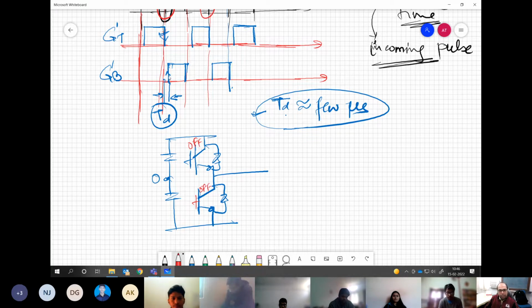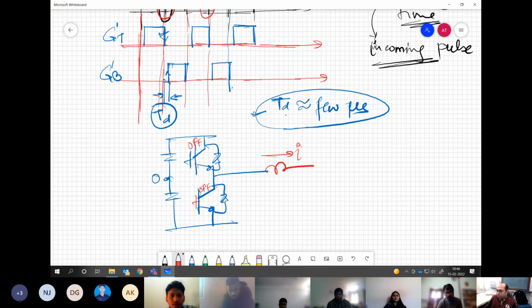Understanding my point? There is a delay between the two. This device is turned off first, and then this device is getting turned on. And here we have an inductive load, so current cannot be discontinuous. So who will support the current during this time, during the blanking time? Both the devices are off. It cannot conduct during the off state. So which device will support here, or which component will support here?